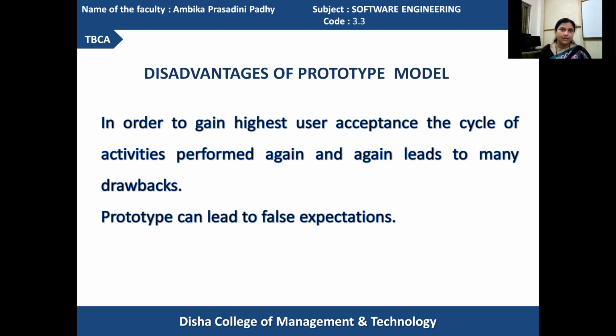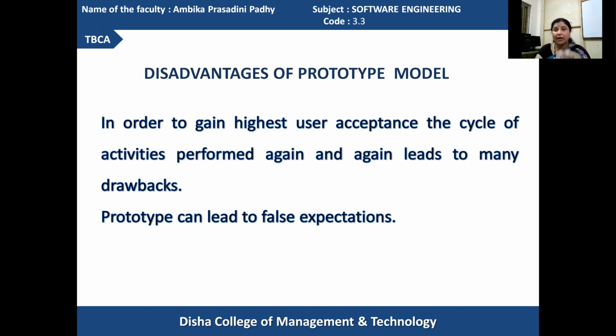Got it? So today we have discussed the iterative waterfall model and the prototype model, how the iterative waterfall model solved the problems identified in the classical waterfall model, and we have already discussed what the prototype model is actually doing. The role of the prototype model you can feel a lot, it can solve the problems of both the iterative waterfall model as well as the classical waterfall model.